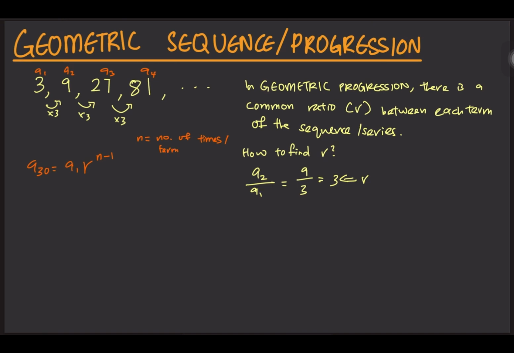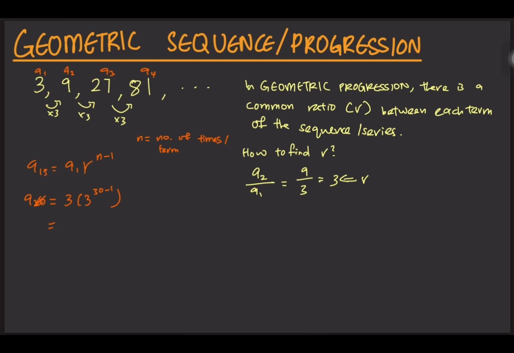So in this case, the 30th term is a1, 3, multiplied by the common ratio, 3, to the power of 30 minus 1. We will get quite a huge number, actually. But okay, let me change this.